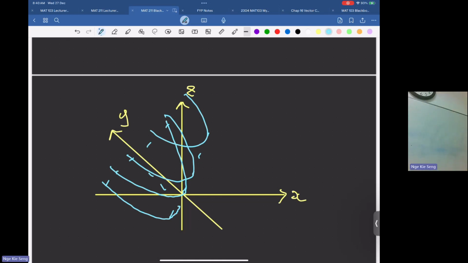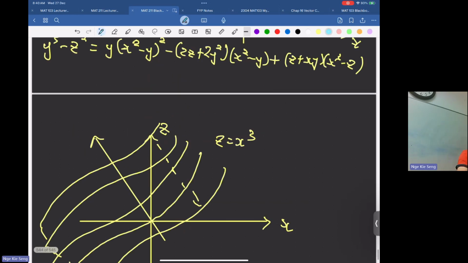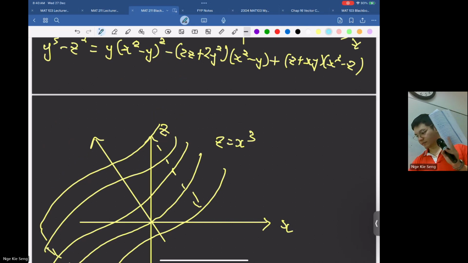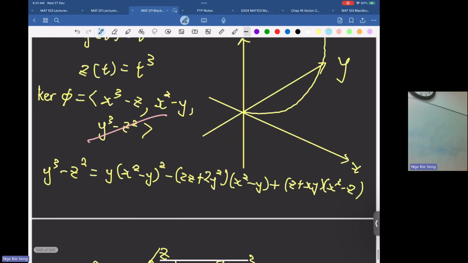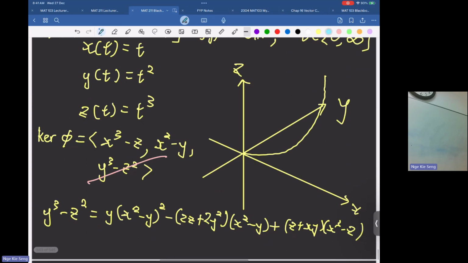So you have these pieces, together with the pieces from before. Maybe X cubed looks something like this. So you have these two pieces intersecting together. The intersection of two surfaces gives you a line. So this is the space curve it gives you.